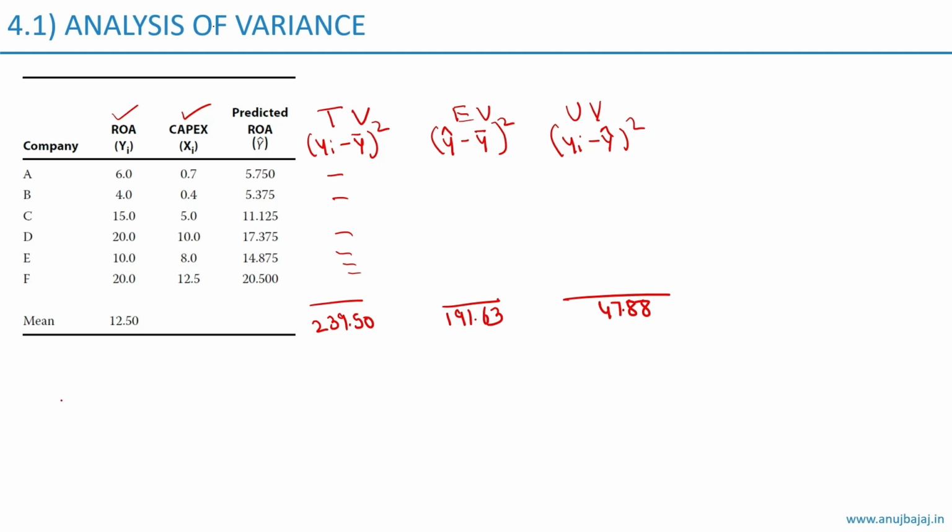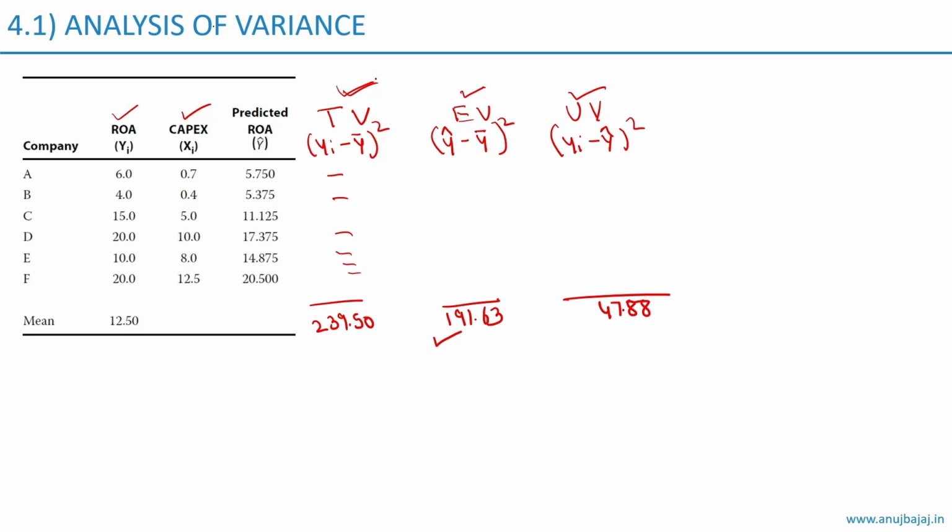47.88. So after having calculated the total variation, explained variation and the unexplained variation, how do we know whether this explained variation is enough or not? Whether the linear regression model does a good job of explaining the total variation or not?